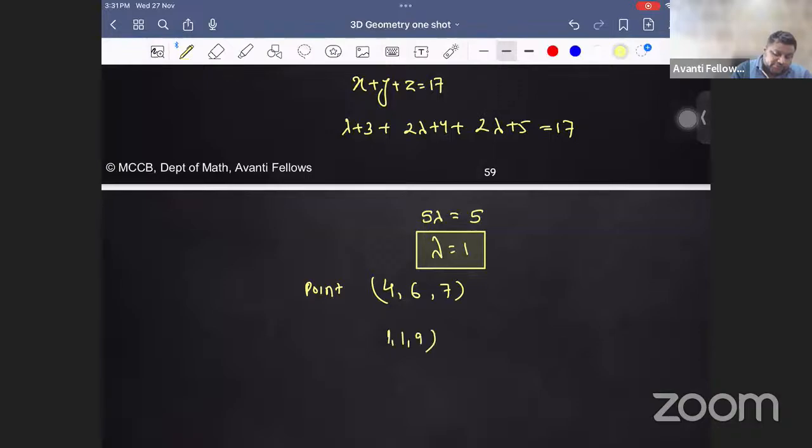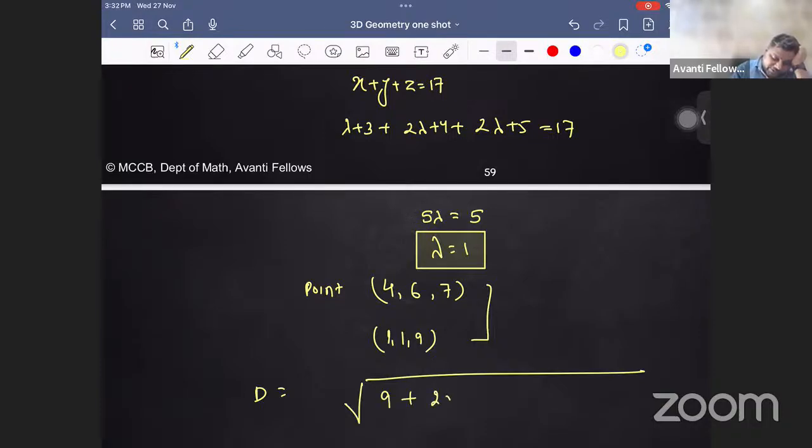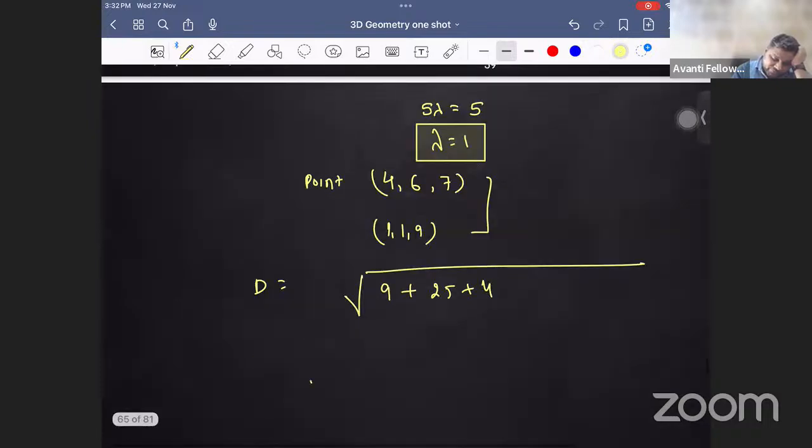Another point is 1, 1, 9. So the distance between these two is under root of 4 minus 1, 3 square, 9, 25, and 9 minus 7. So it is 25 and 9, 34, and 4, 38. Root 38 is your correct answer.